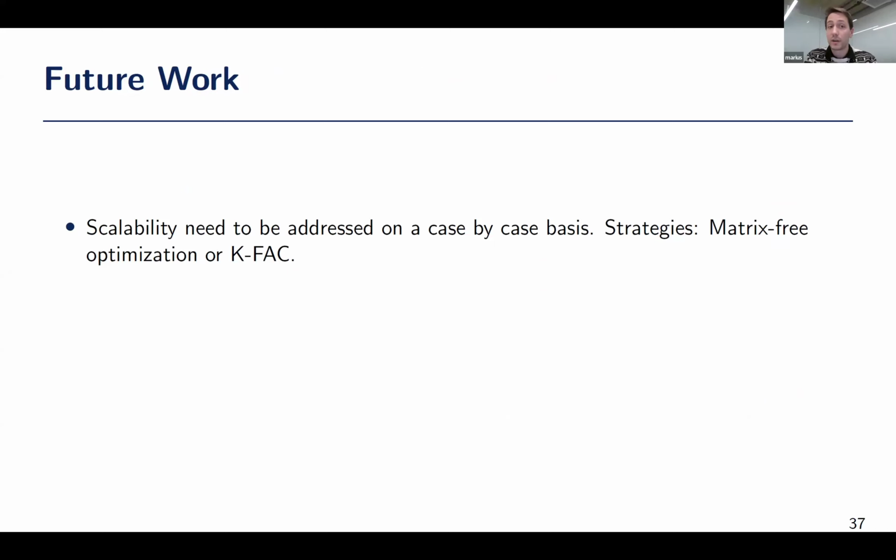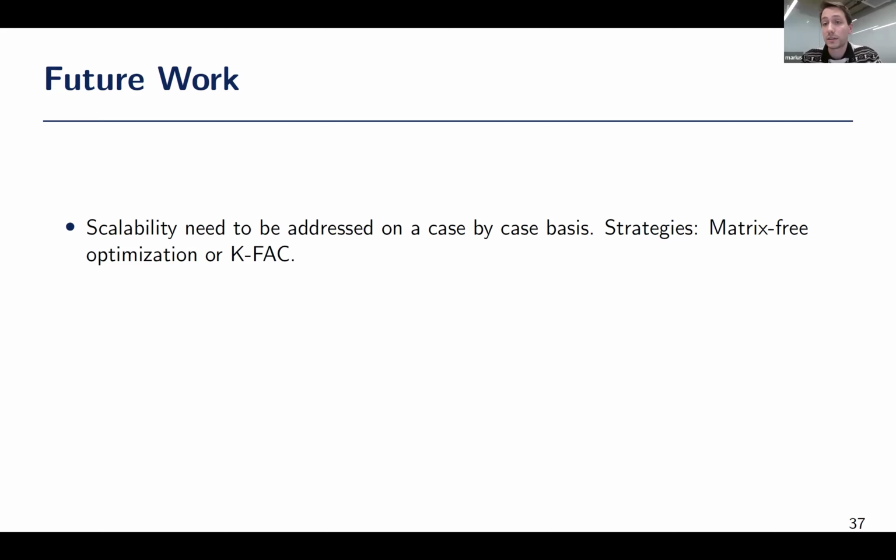And here maybe is the right time to comment on scalability questions. As already commented, with second order methods, the matrices that you get are typically dense, so you cannot do this naively.